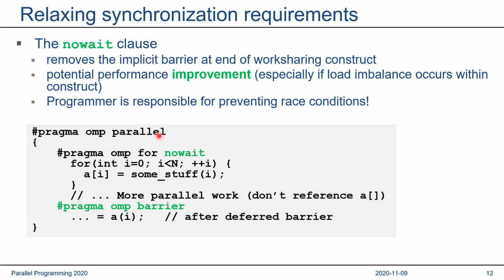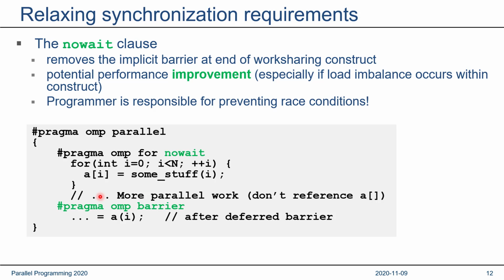We open a parallel region, and then there's a parallel loop with a no-wait clause attached. So the parallel loop goes from 0 to n-1. We write to the array a of i, calling some function. And let's say there's some other parallel work after this parallel loop that does not require a of i.